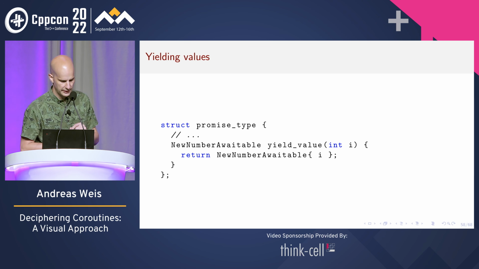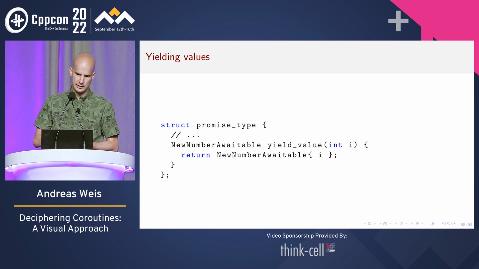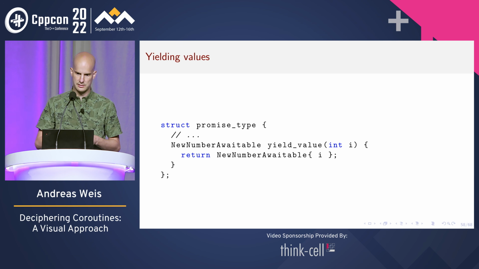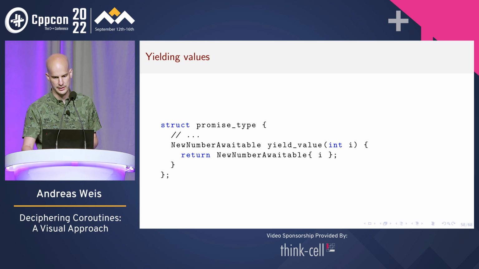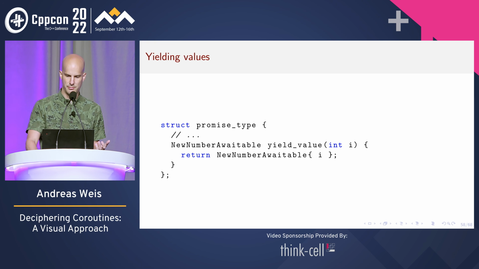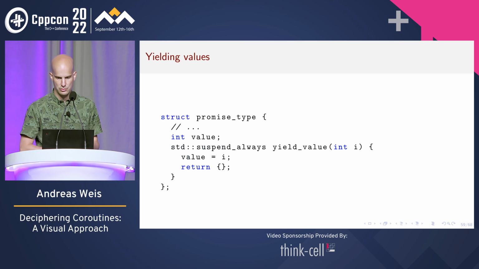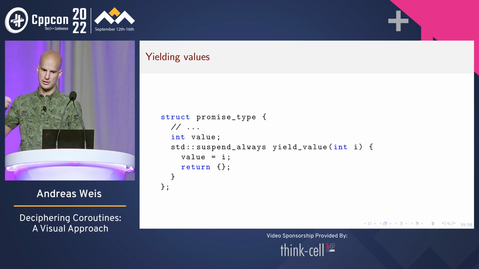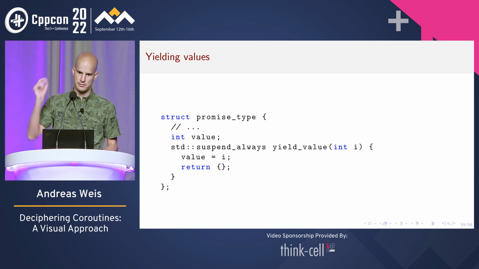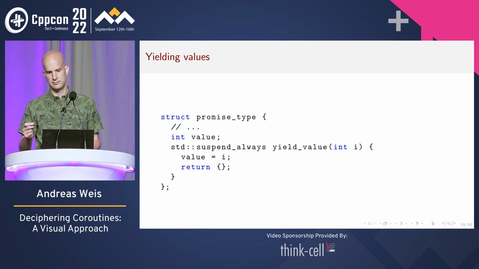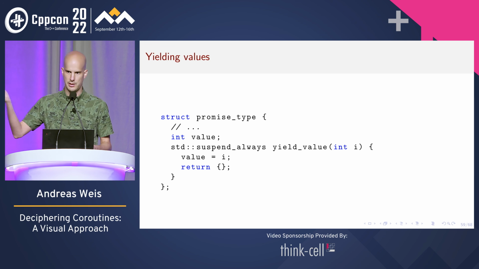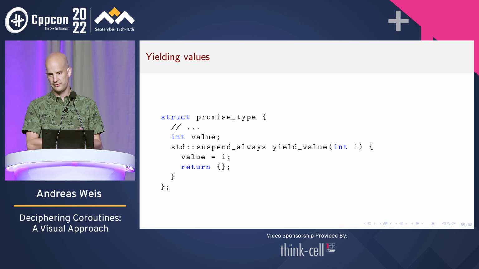But if you think about this a little bit, then you might actually notice that this is now a pretty convoluted way of doing it. Because inside the yield value function, we are already in the promise. So instead of going through the awaitable, I can just store it in the promise right away. So I write it to the member variable in the promise without going through the awaitable first.